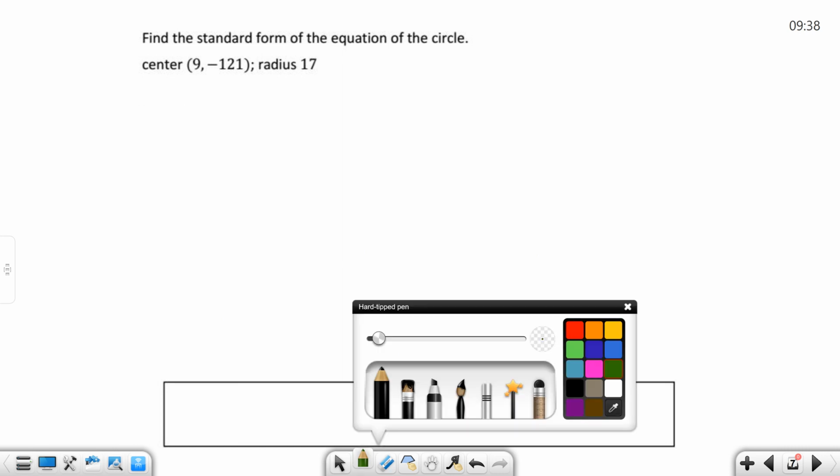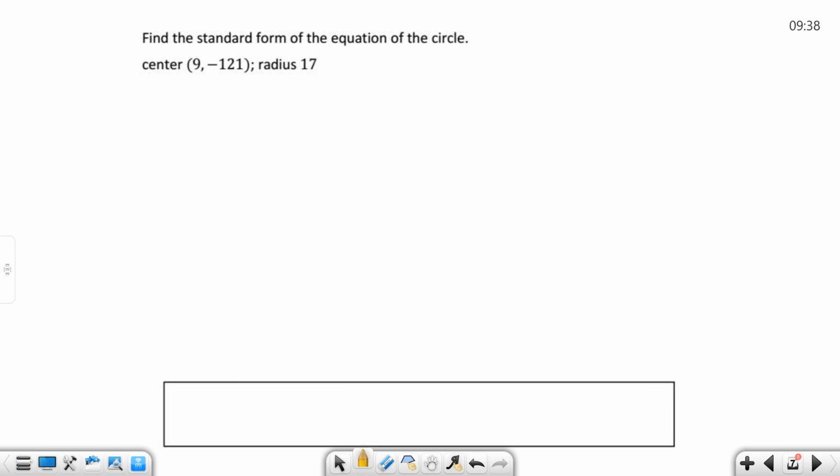What if I wanted to go the other direction and find the standard form of the circle when I have h, k, and r? So r equals 17, h is 9, and k is negative 121. Okay. So then x minus h squared, and that looks like a capital X. Let me just fix it.